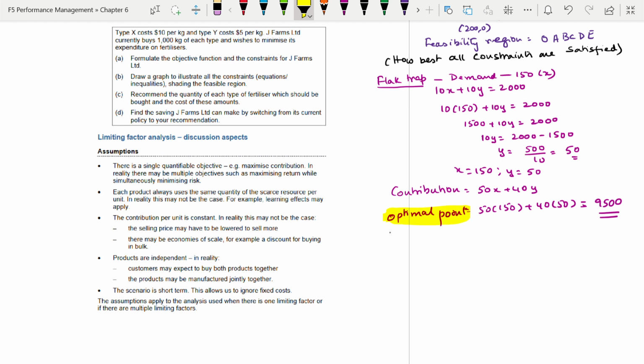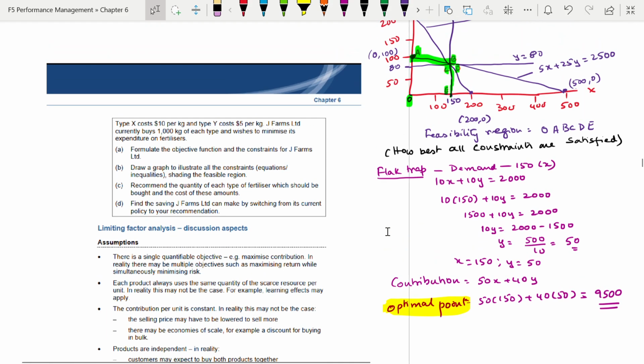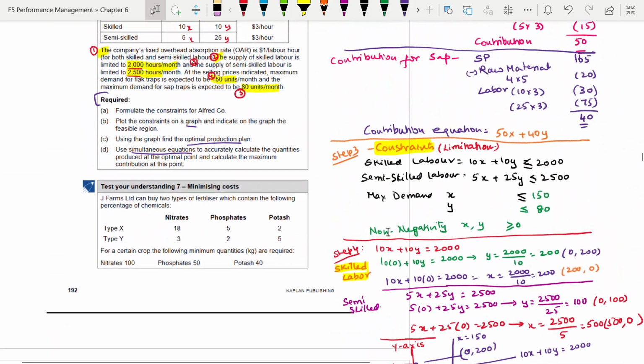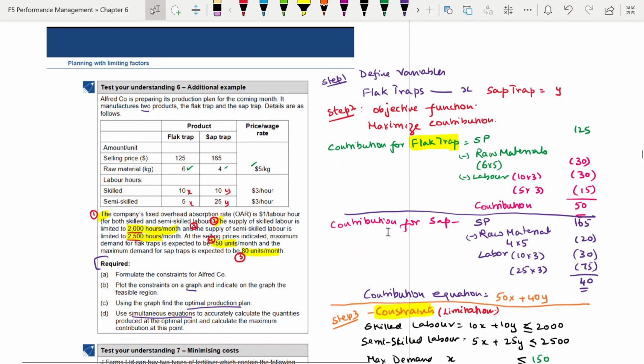Okay, very important. These are the things that really make the difference for us. Now we are doing the stepwise process. Everybody listen carefully.